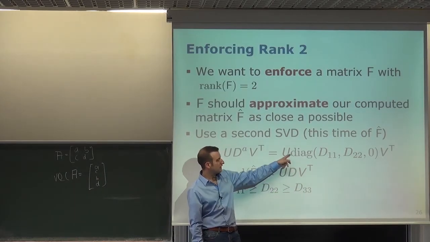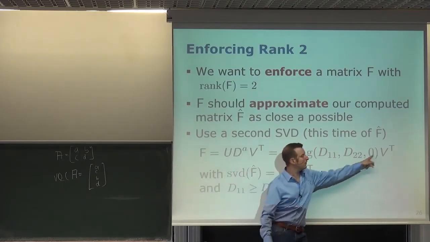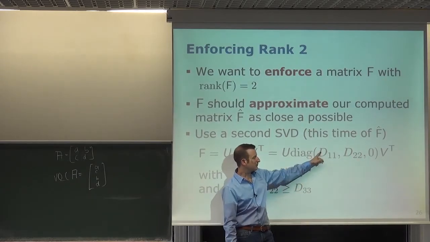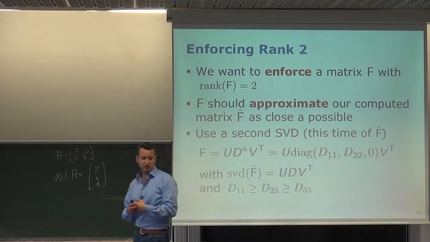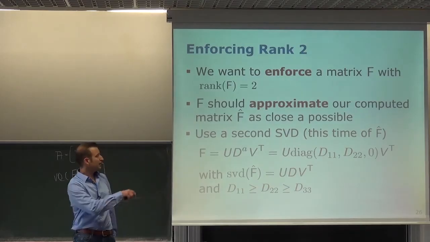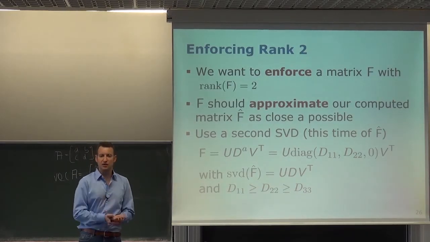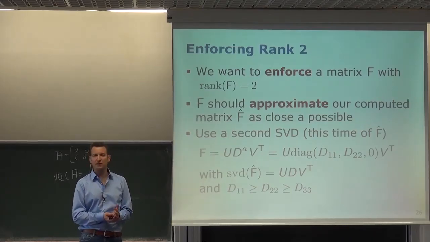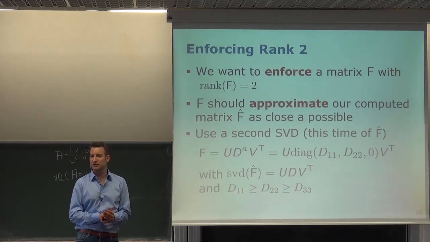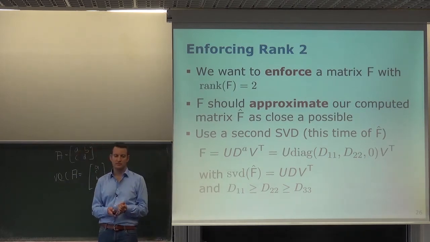So take the 2 largest ones, and replace D by just the 2 largest singular values. And then we obtain the matrix F, which is as close as possible to my matrix F hat that I estimated from solving my system of linear equations, but which has this rank 2 constraint.